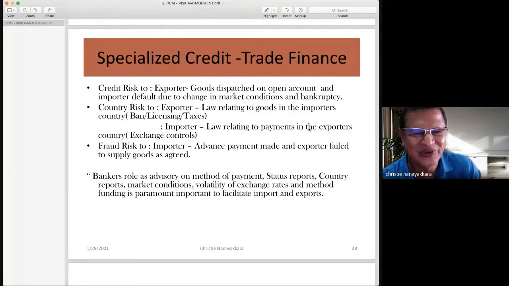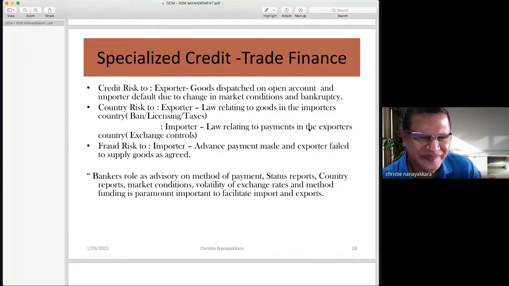In between, I told you how the structuring will be done. Then I also looked at a few risks like country risk. Certain terms, like advance payment, make the importer take higher risk by departing with money.